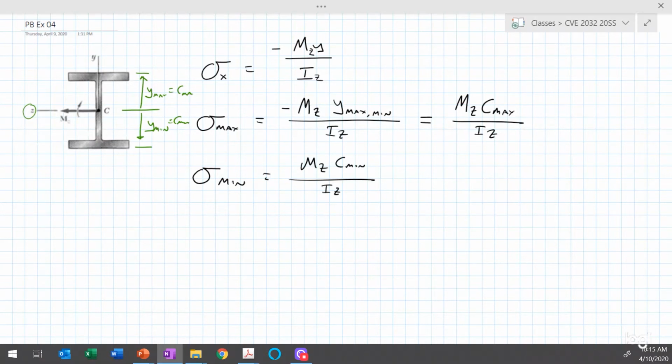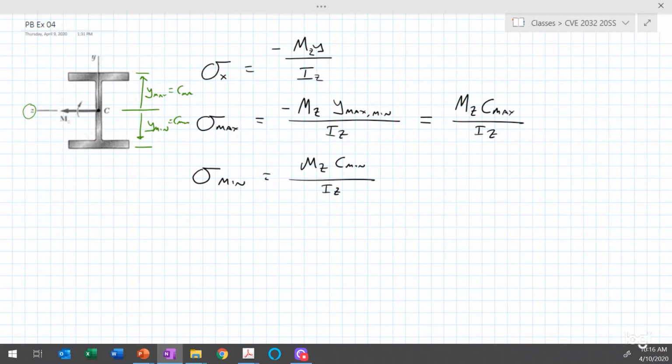All right, so we can calculate the stress at any location y in the cross section. When we look at the stress in the extreme fiber, the fiber that's furthest away from the neutral axis, we often call that location y equal to c. In this case, c would be the same for the top and the bottom because it's a doubly symmetric cross-section. It would be positive in one case and negative in the other, strictly speaking.